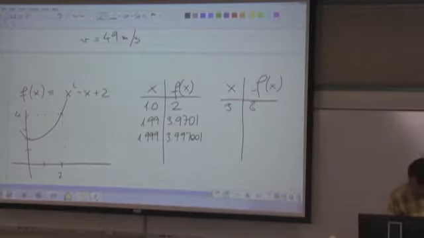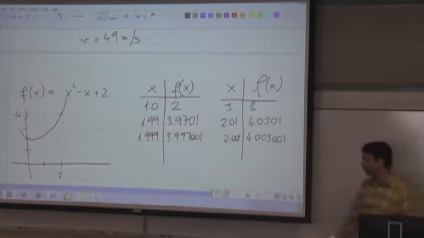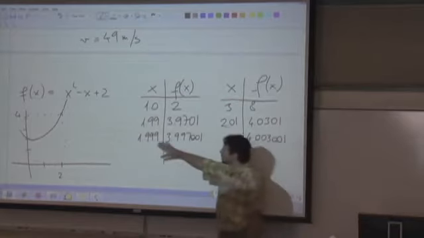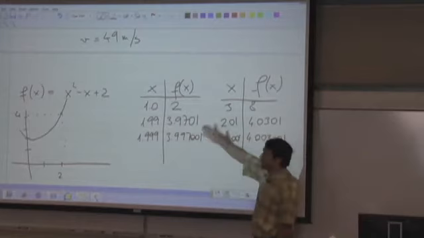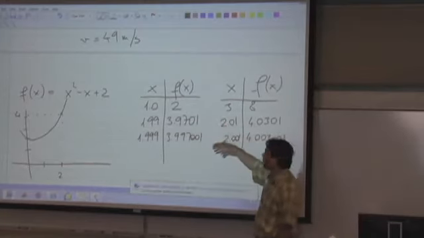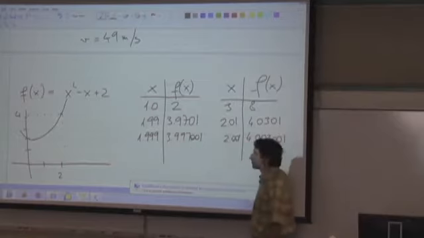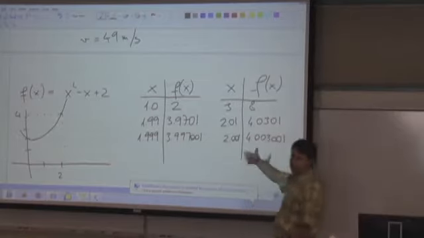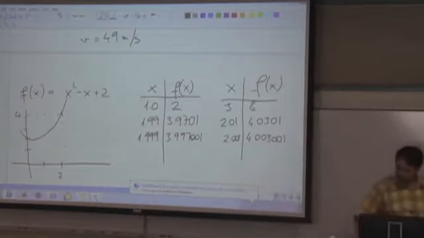I go to 2.01, which gives 4.0301, and then 2.001 gives me 4.003001. Coming from the left or coming from the right, and we'll talk more about what that means, both values get very close to 4, and so the conclusion is that the limit is 4.